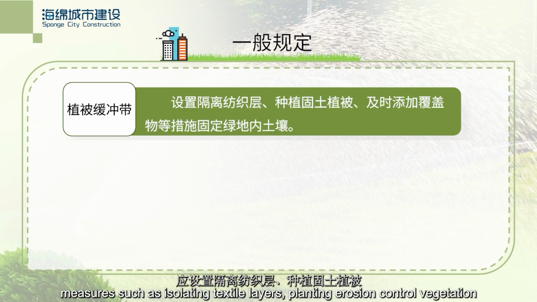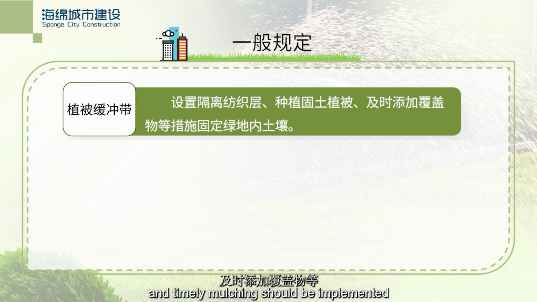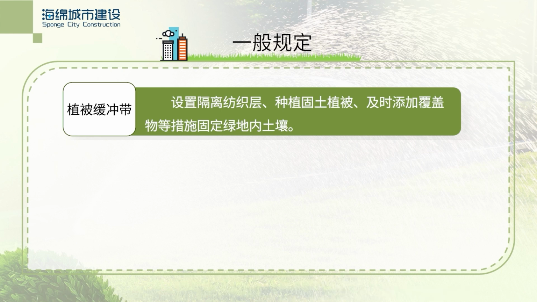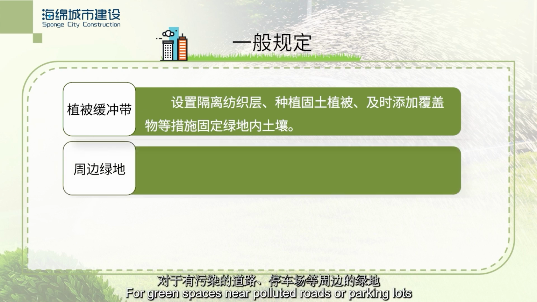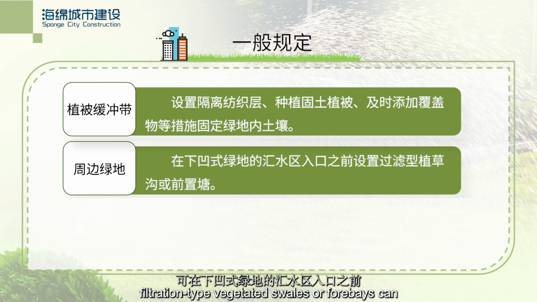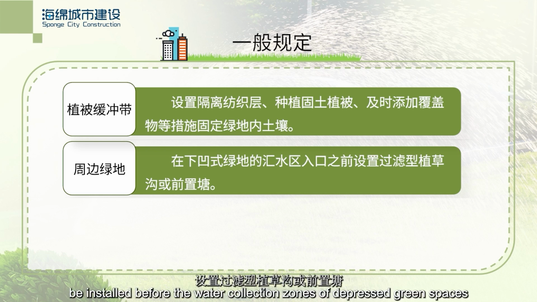Measures such as isolating textile layers, planting erosion control vegetation, and timely mulching should be implemented to stabilize soil in the green spaces. For green spaces near polluted roads or parking lots, filtration-type vegetated swales or forebays can be installed before the water collection zones of depressed green spaces.